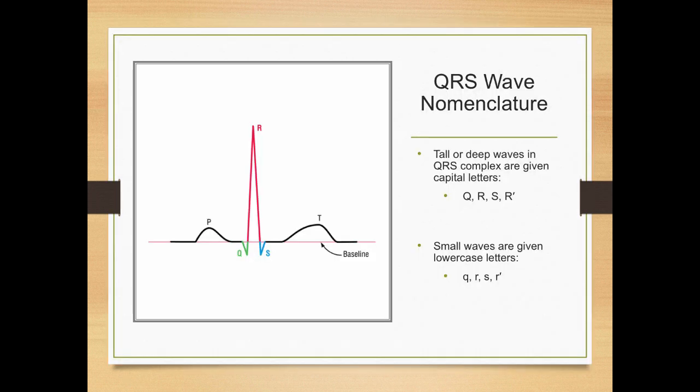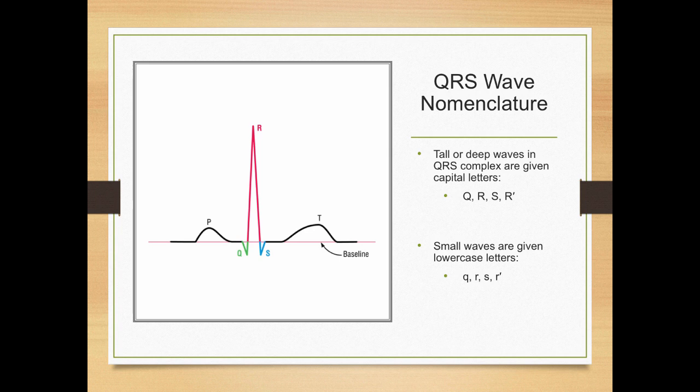Really tall or really deep waves are given capital letters. So capital Q, capital R, capital S. We've got a capital R prime. That's a little quote mark right there. R prime is an extra R wave.